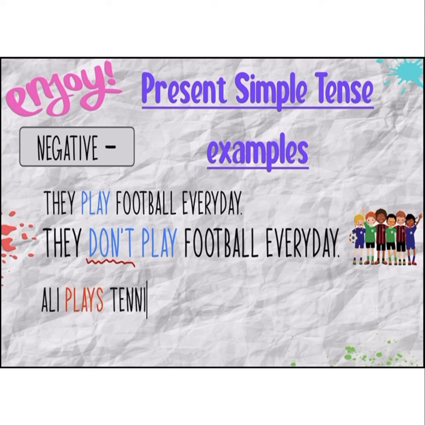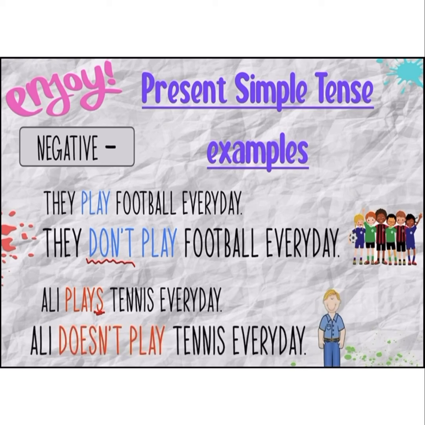Let's see the other example. Ali plays tennis every day. Now we want to change this sentence into negative. The subject will remain the same. But pay attention. Look at the verb, which is plays. The verb has an S. So, for the negative form, we have to say Ali doesn't with an S. Ali doesn't play tennis every day. But pay attention, there's something important here.